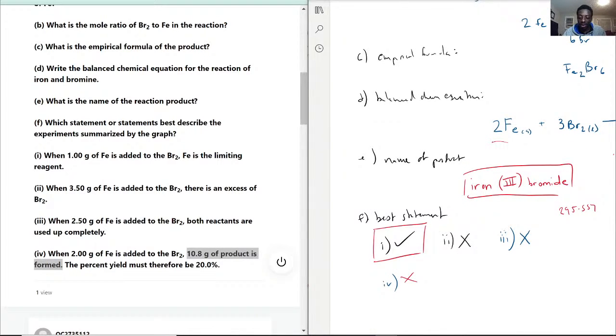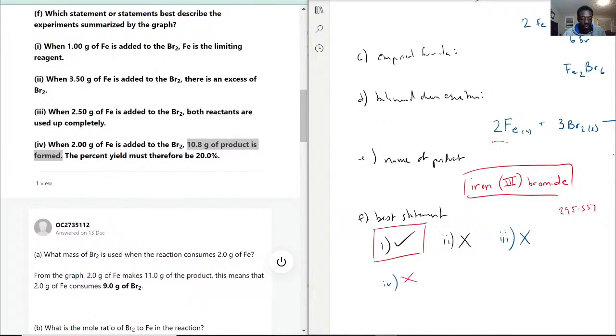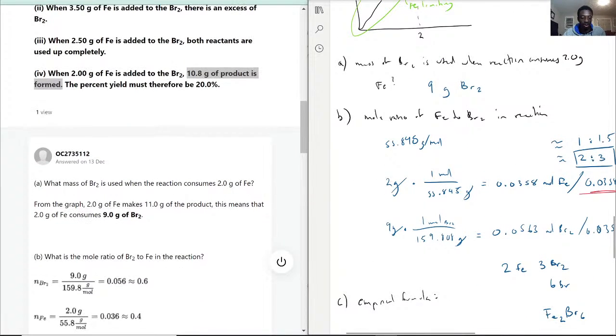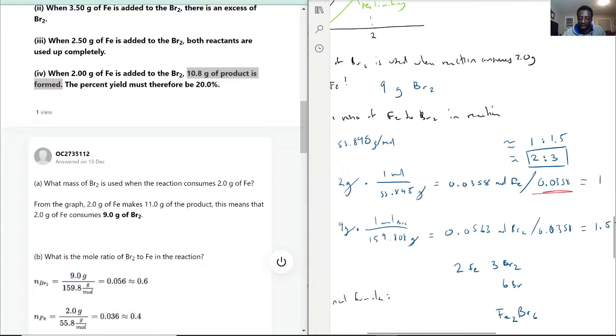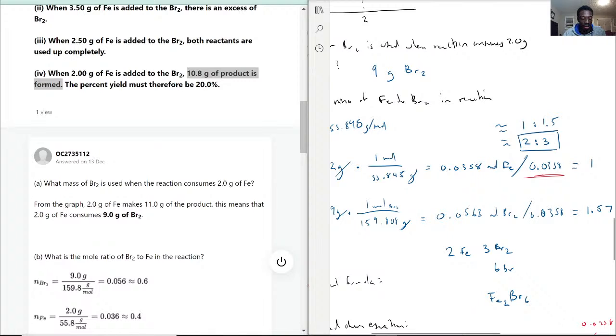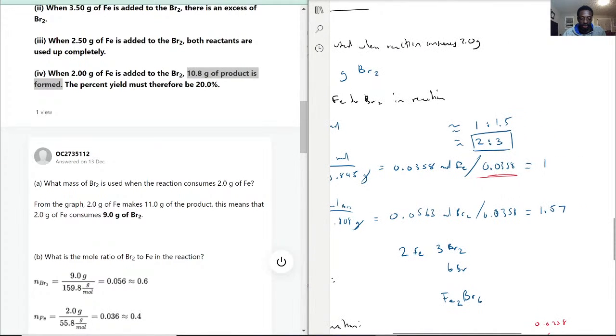And with that, let's see how we did for this, okay. Yes, so 2 grams of the 11 gram product make 9 grams of Br2. So now we have 9 grams divided by 159.808, and we get 0.56.